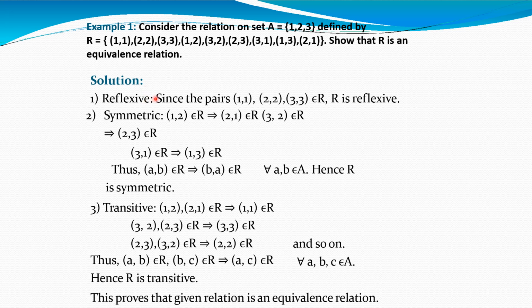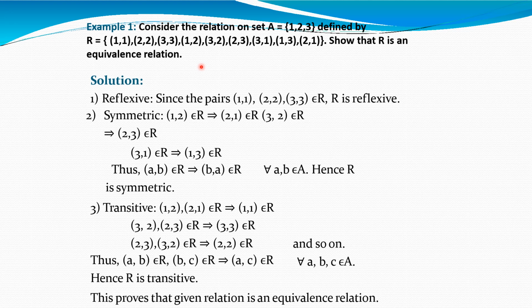Now relation R on A is reflexive if (a, a) belongs to R for all a belonging to A, if the relation is defined in terms of ordered pairs. Now here the members of A are 1, 2, 3. So if 1 is related to 1, 2 is related to 2 and 3 is related to 3, then the relation will be reflexive.